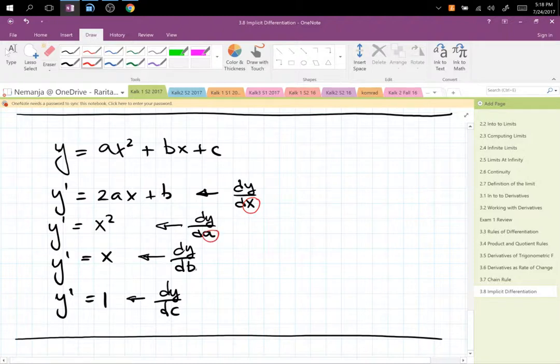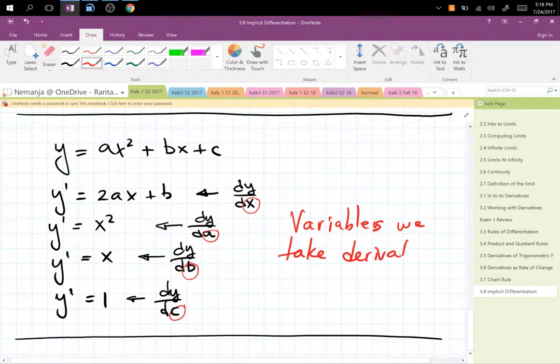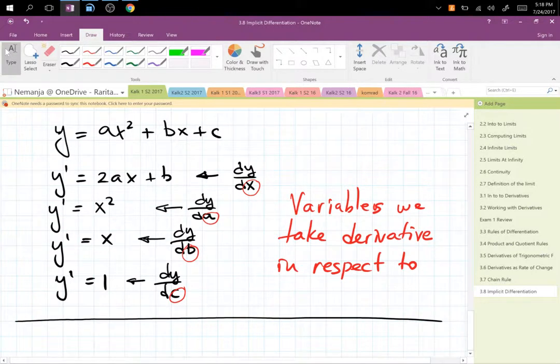So what is important is to pick up these variables we take the derivative in respect to. It is embedded in the notation what the main variable is. You have seen this before within limits.